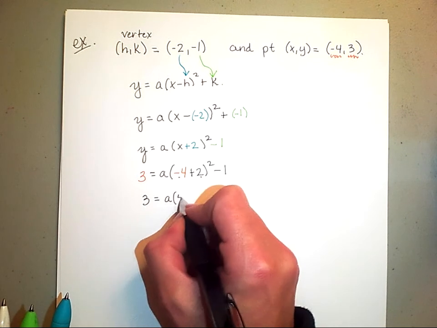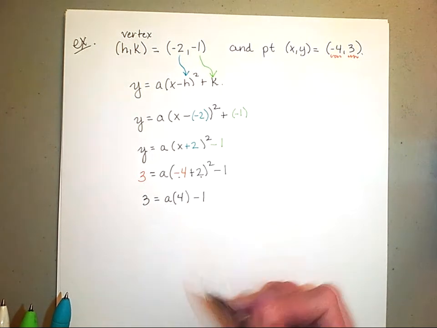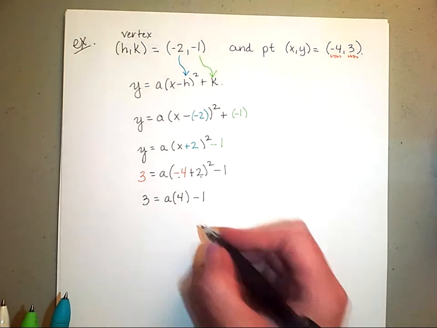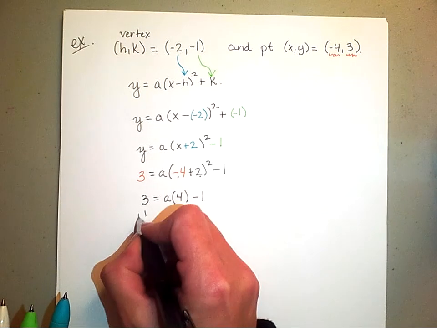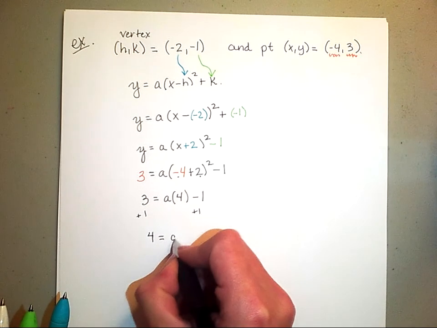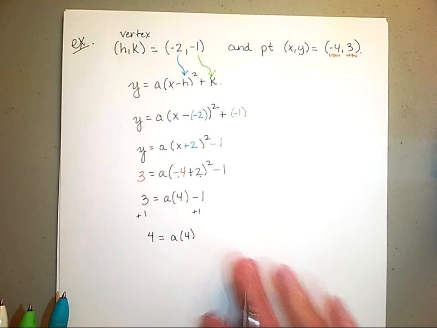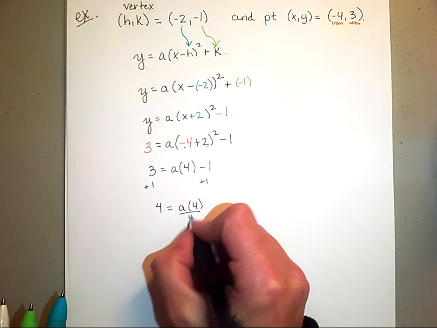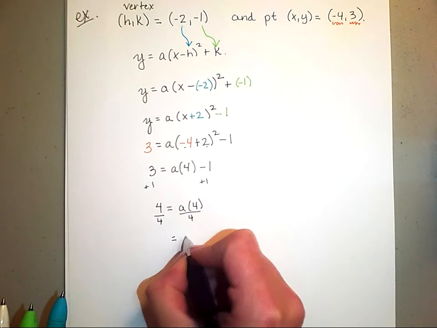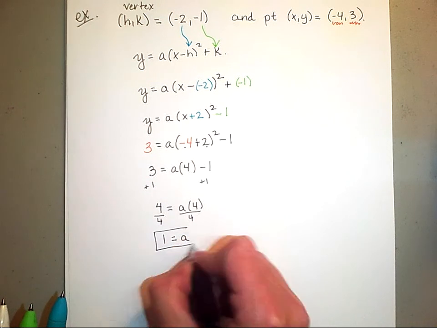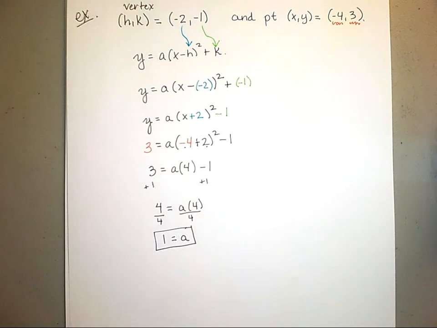Negative 2 squared is positive 4, minus 1. Now if we add 1 to both sides, we get 4 is equal to a times 4. So if we divide through now by 4, in this case we say a is equal to 1.